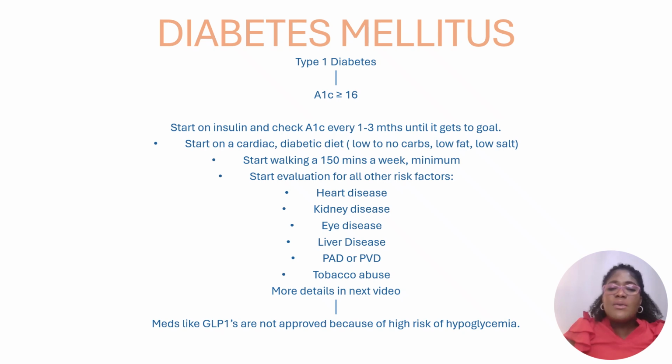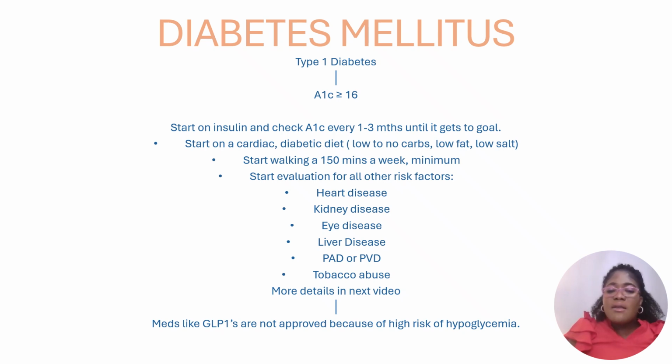And an evaluation for other risk factors needs to be started also, and this includes an evaluation for risk factors for heart disease, and evaluation for risk factors for kidney disease, for eye disease, for liver disease, for peripheral arterial or peripheral vascular disease, as well as evaluation of the patient's medical history to see if there's any sort of tobacco abuse.